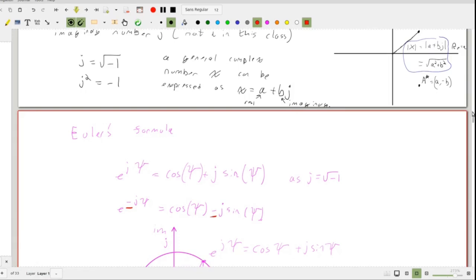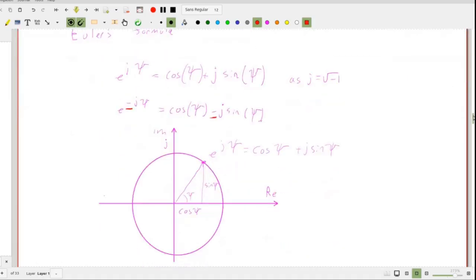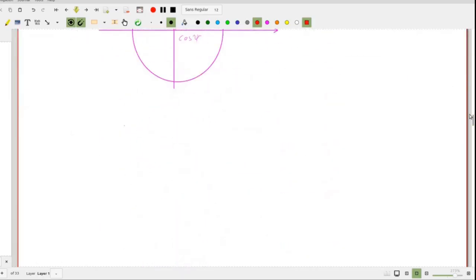All right. So let's go ahead and formulate the general solution. All right, so what is a general solution?